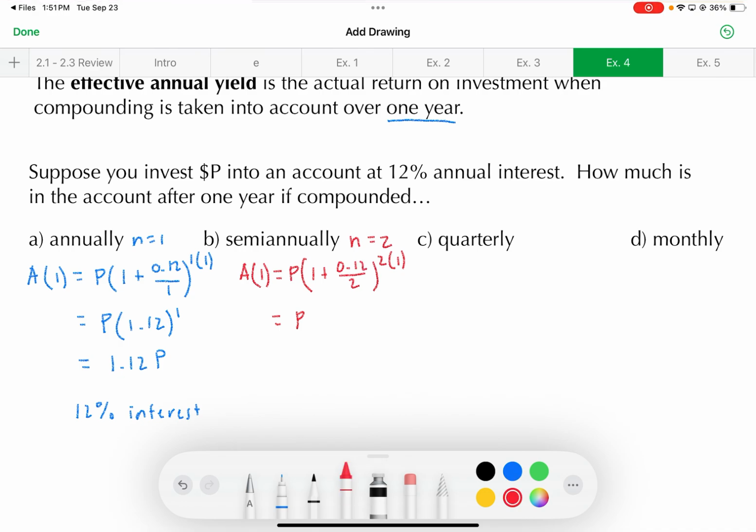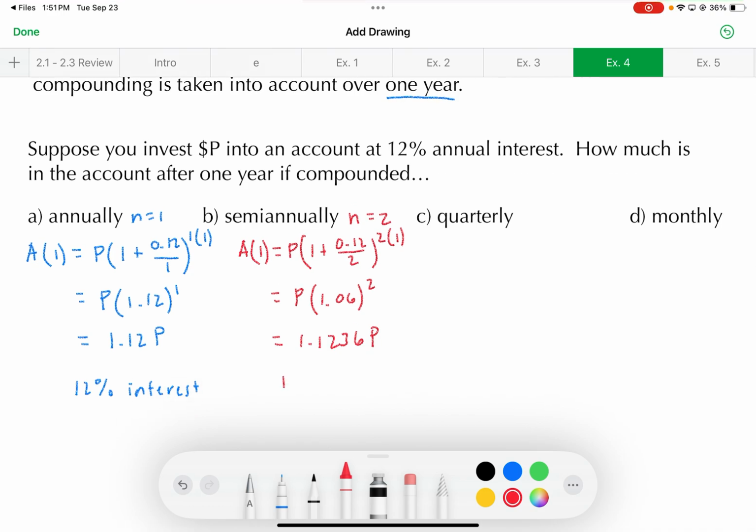All right, so that's going to give me P times 1.06 to the second power. And if I raise that 1.06 to the second power, I'll end up with 1.1236 times P. All right, so here I would say I end up with a 12.36% effective yield.